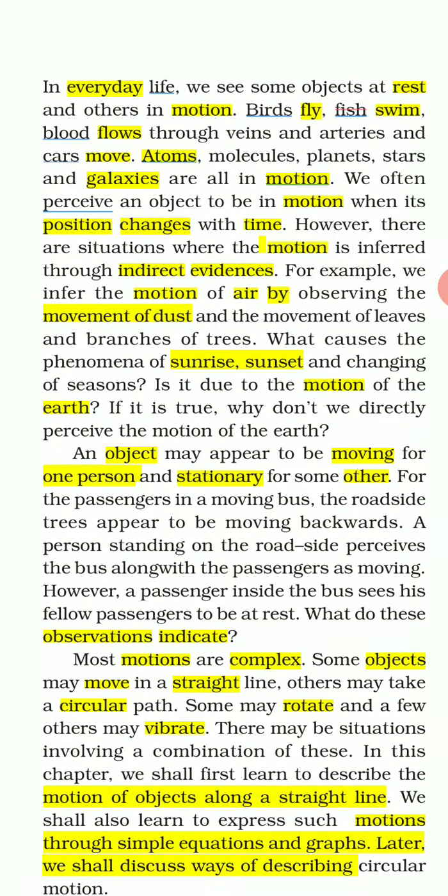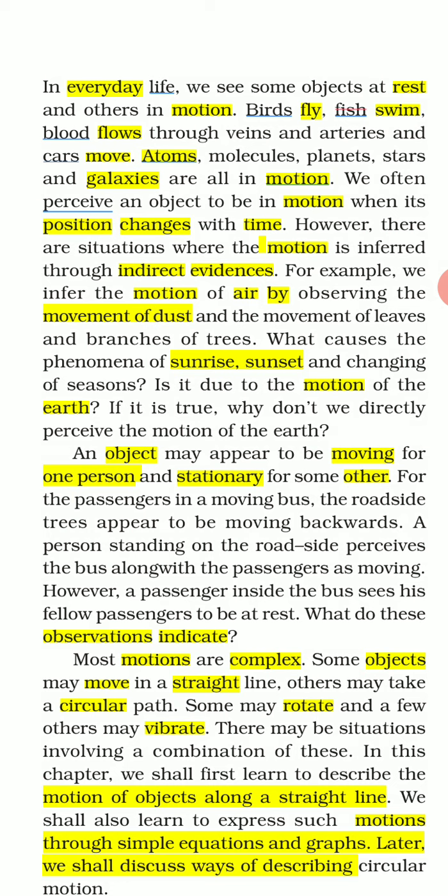And there are also combined motions. As a car is moving on the road, just a simple example. The car moves in a straight line, the wheels move in circles, and the pistons inside the car vibrate up and down.